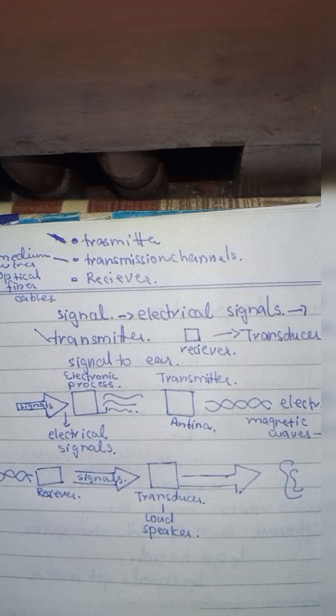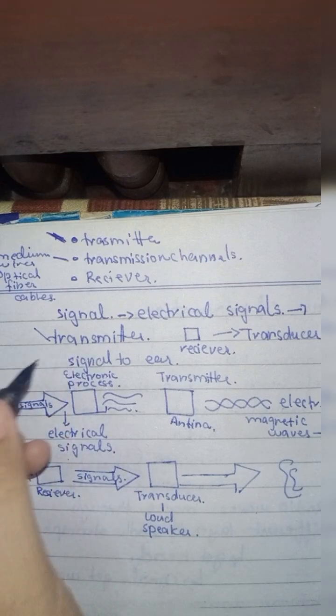The signals get weaker as you get farther away from their source. From one source the signals are moving, so they get weaker as we move further away. After that the receiver receives the output signals, and again we have the transducer.